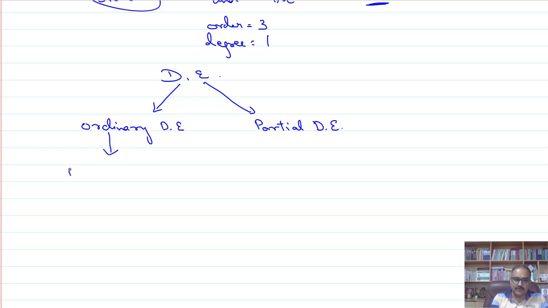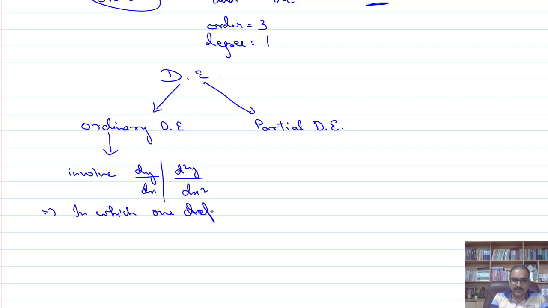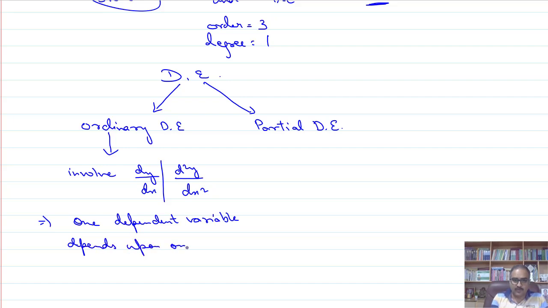Those equations which involve dy by dx or d2y by dx square, that means in which one dependent variable depends upon only one independent variable.